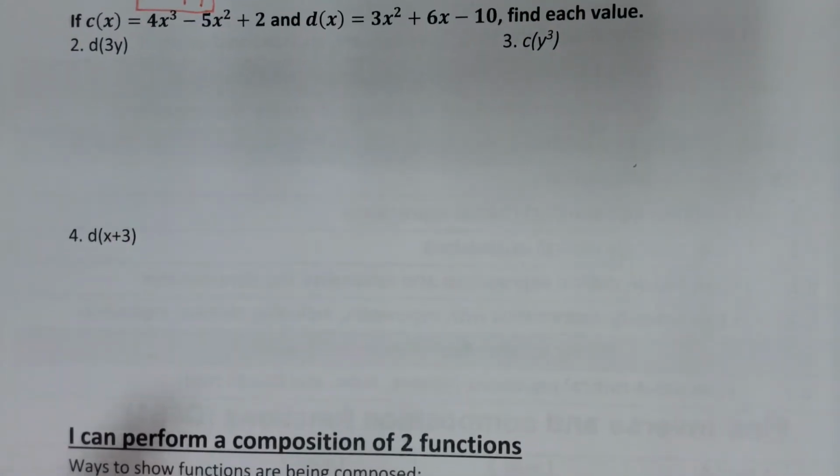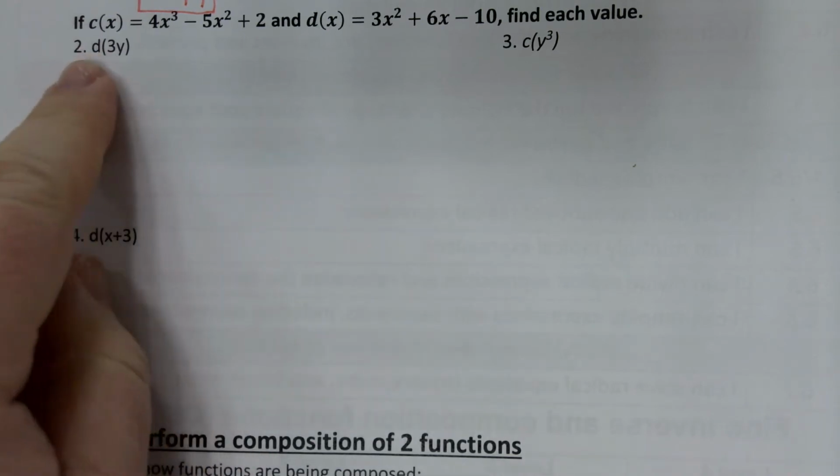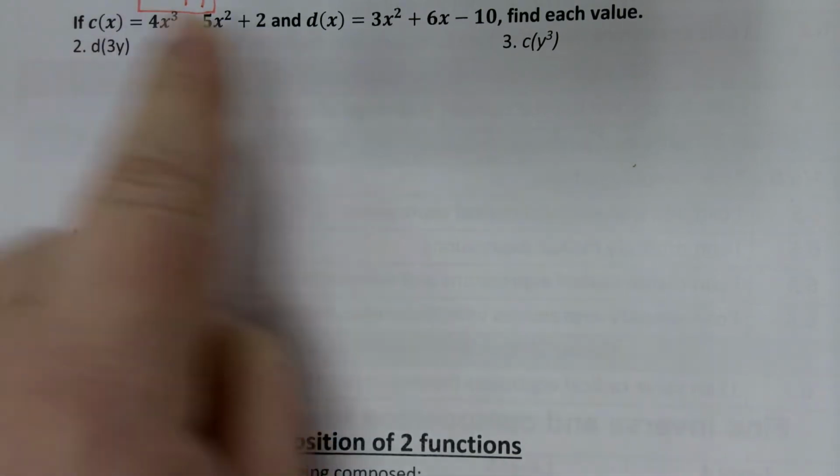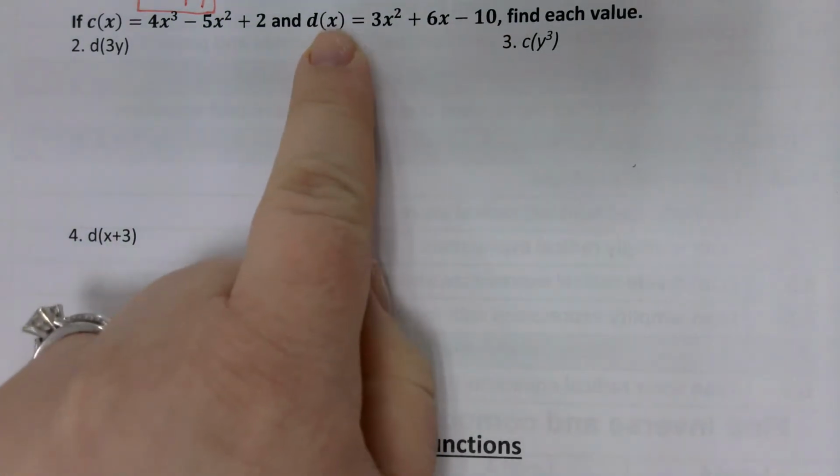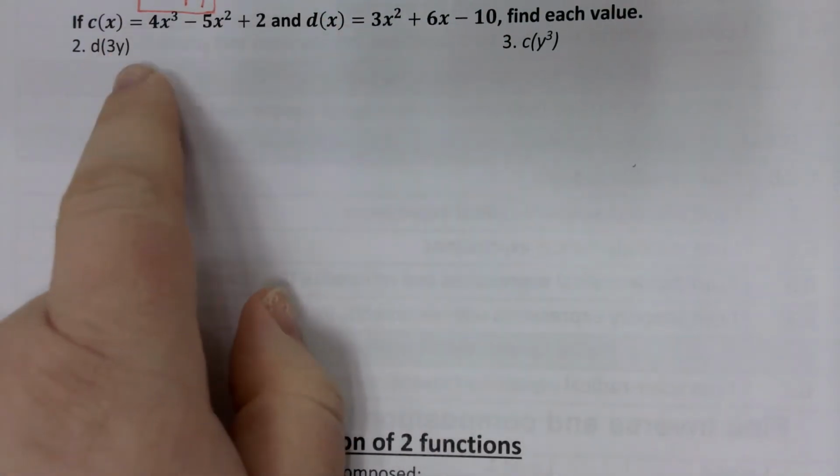Let's take a look at what happens when we have expressions to be able to plug in. Our first one tells us that we're looking at function d, so this function, and we're replacing the x that was in d with 3y.